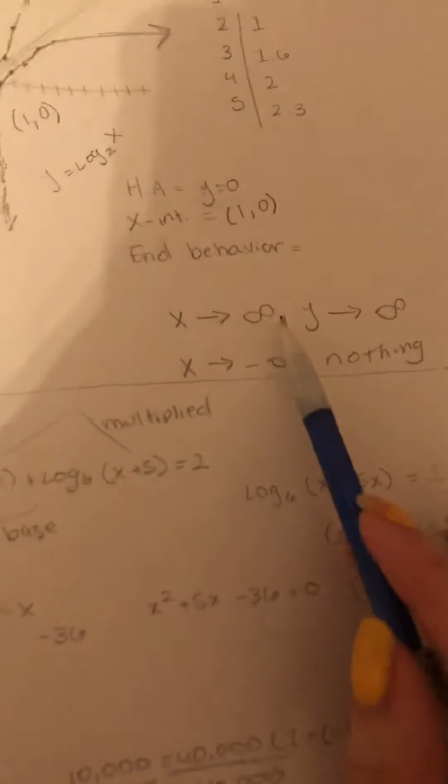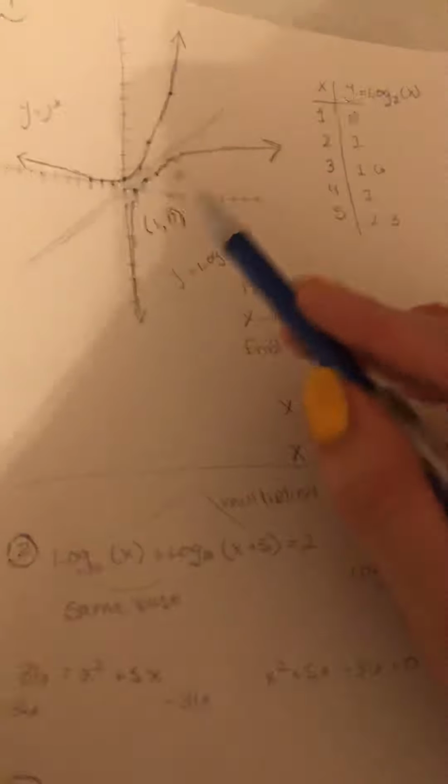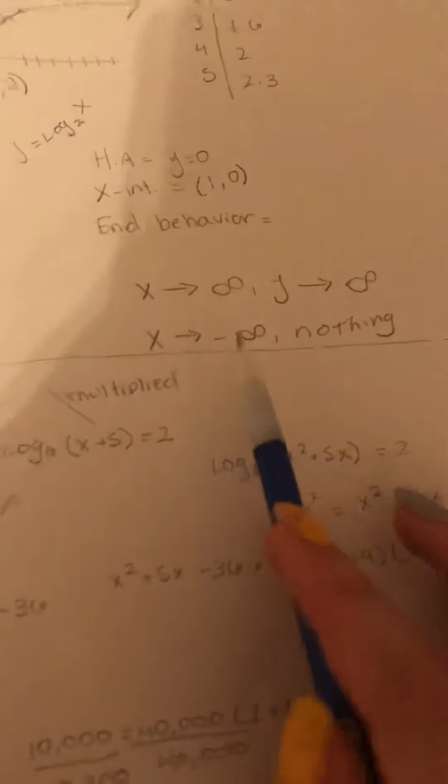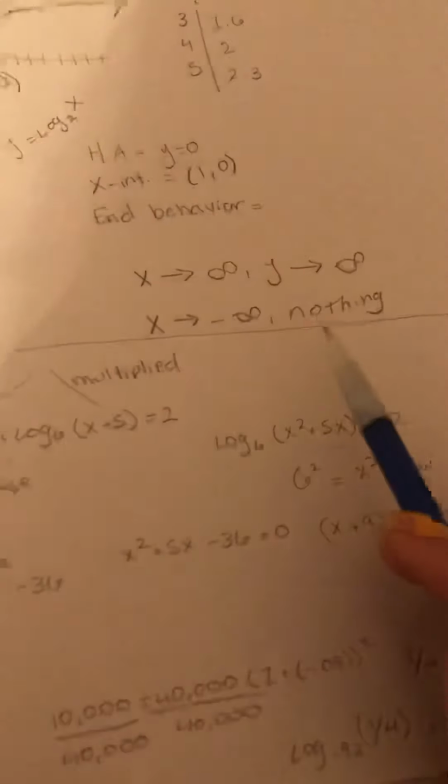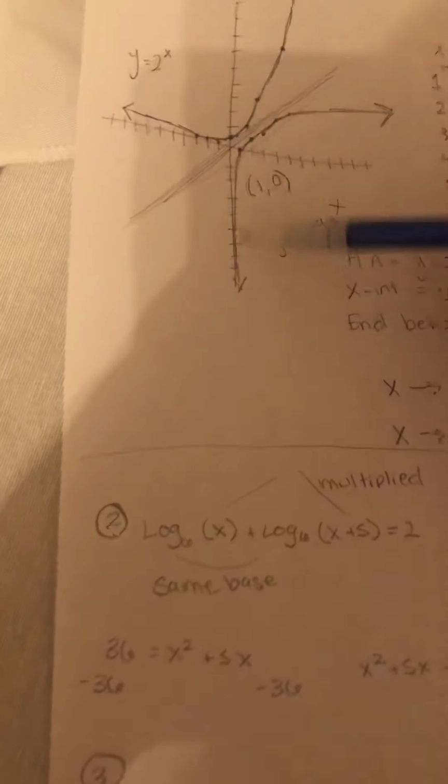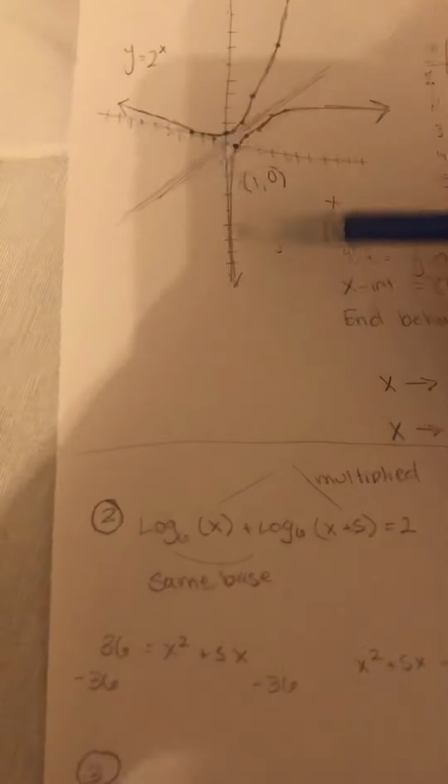And the end behavior, we learned, as x approaches infinity, y also approaches infinity, as you can see, going this way. But as x approaches negative infinity, y doesn't approach anything. That's because this line is never going to cross the x-axis or the y-axis here.